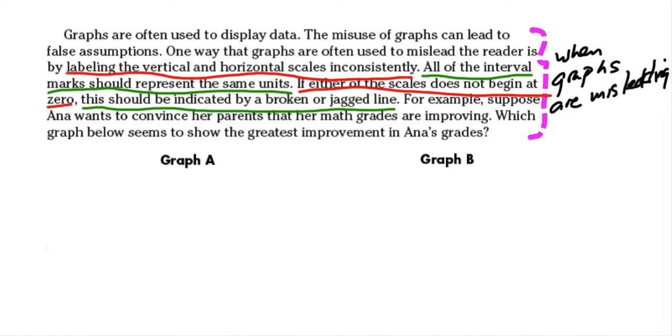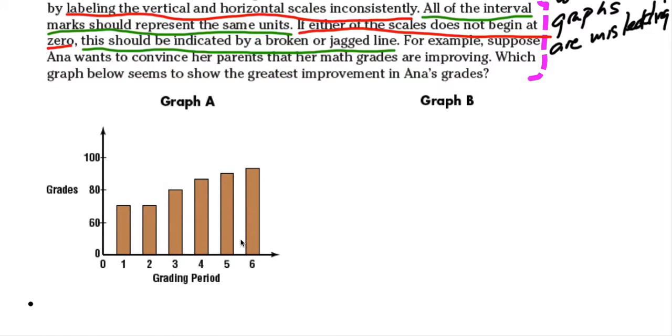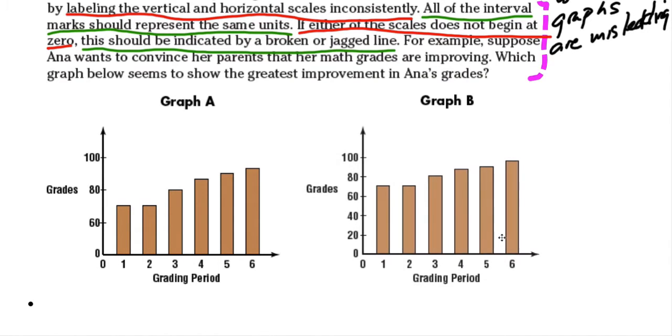So let's take a look at Anna's example and see which graph is misleading. Look at the first graph. Grades are on the vertical axis, and the grading period on the horizontal axis. Graph A, these are Anna's grades, and look at graph B. These are Anna's grades.